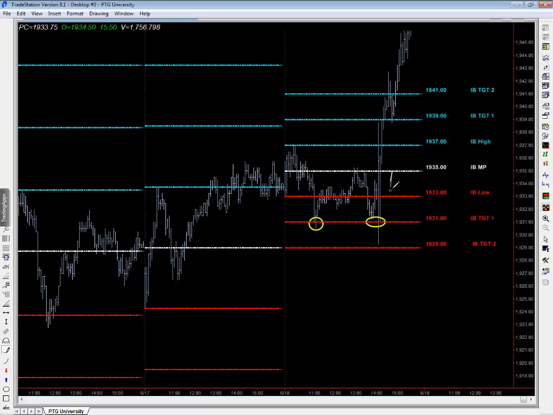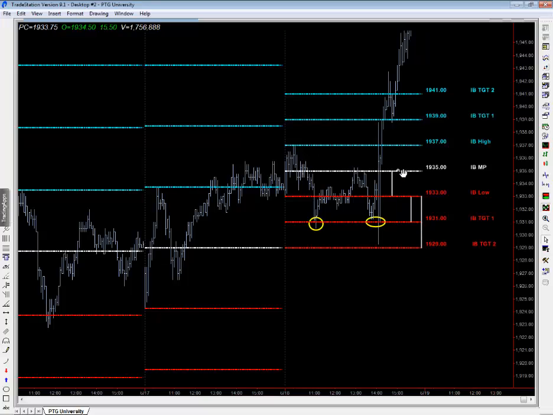You take the midpoint of the initial balance to the low, which is equal to that range, so 35 to 33, that's 2 points, equal to 33 down to 31. So that's 50% of the range. And then 100% of the initial balance range, the 37 through 33 here, measured from the low, gives us target level 2. So very symmetrical.